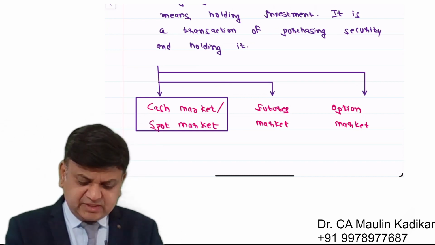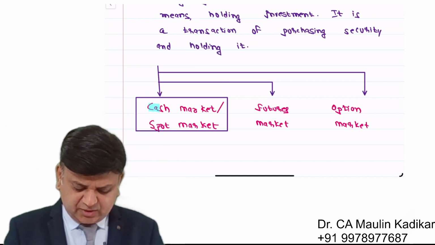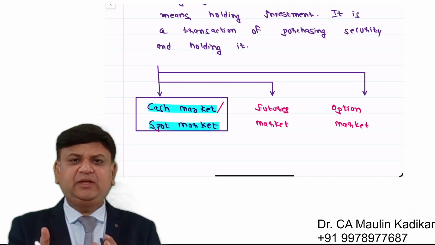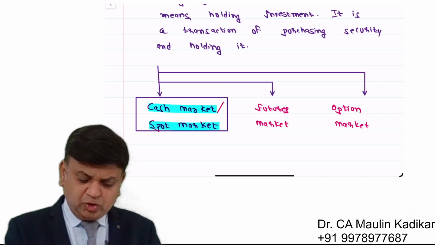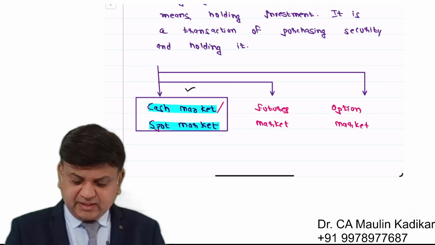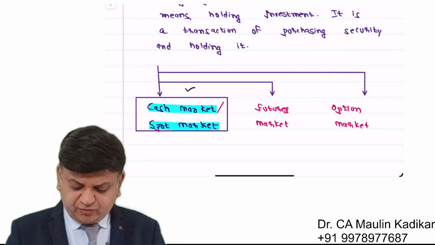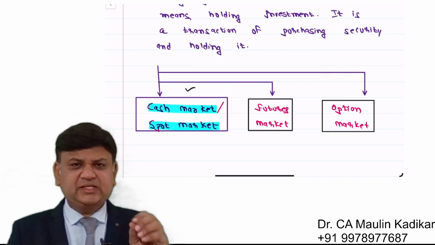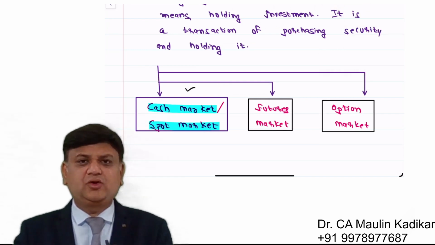All those things fall in the cash market. There is a term called futures market, and a term called option market. What those are, we are going to discuss slightly later on.